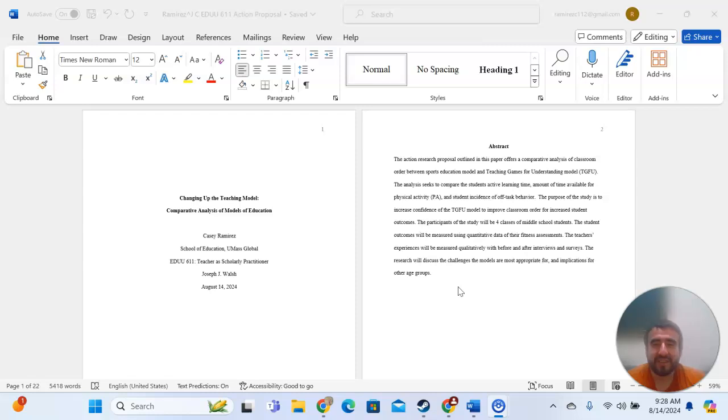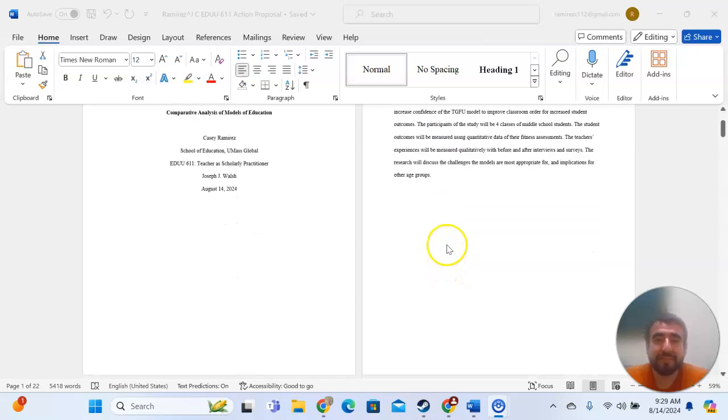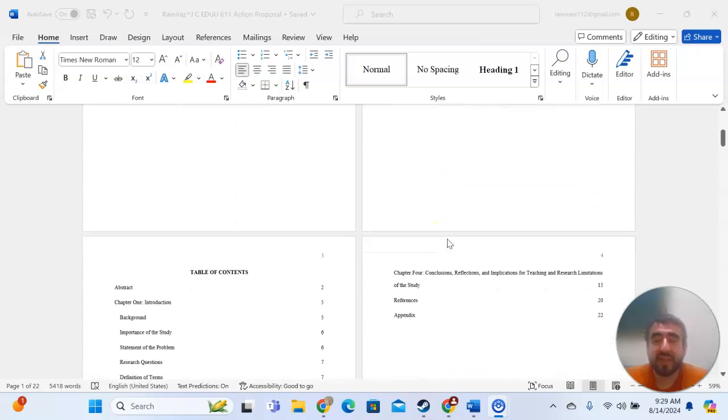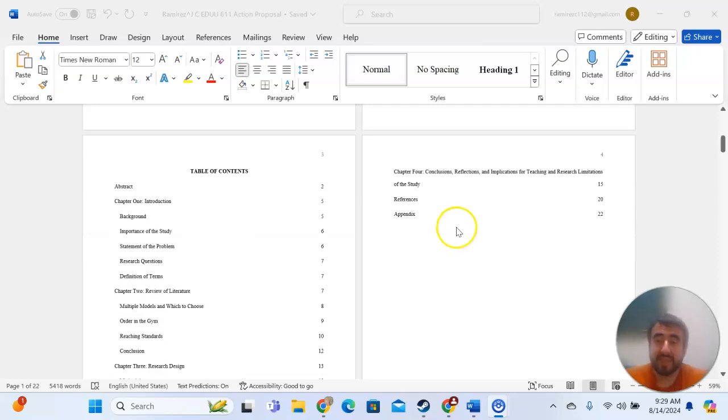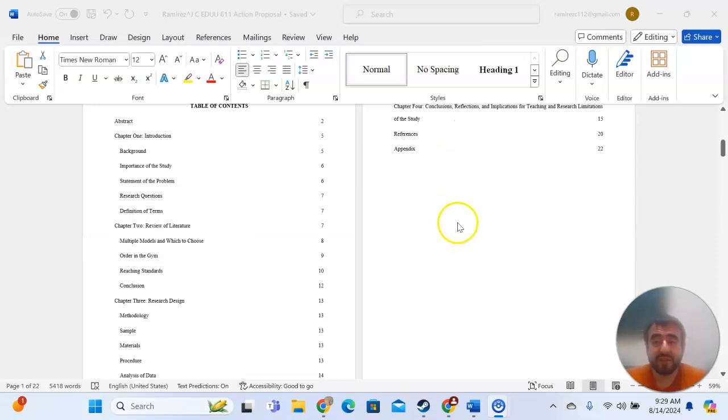Mine is on teaching games for understanding and learning how and when to best choose TGFU for best practices. TGFU is a specific model for PE that changes the dynamic of how PE is focused.